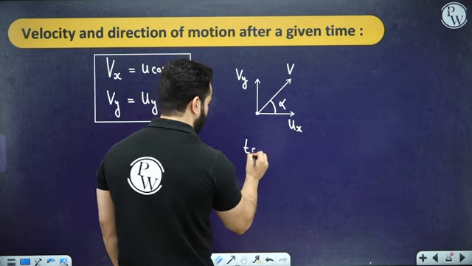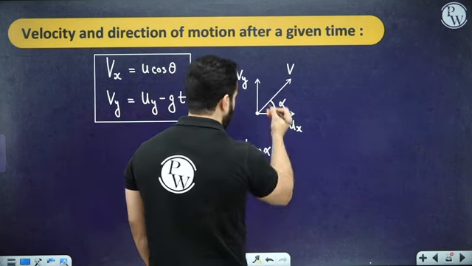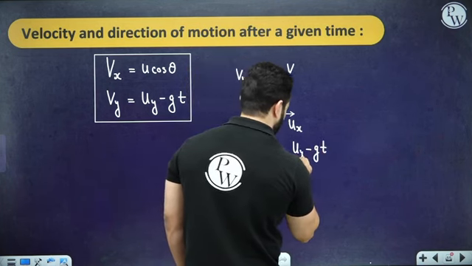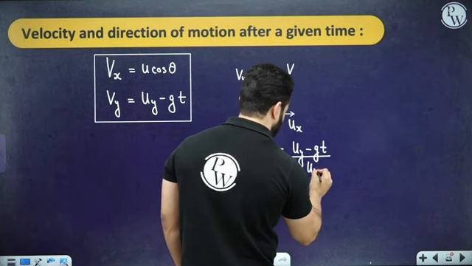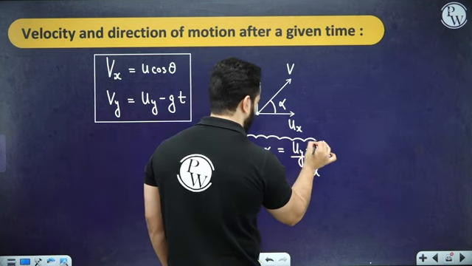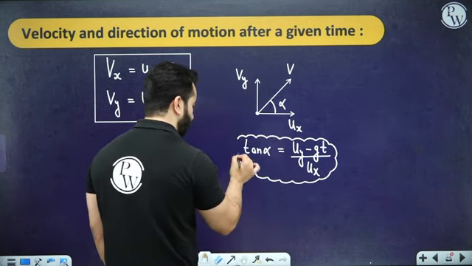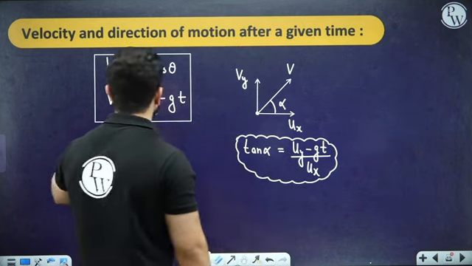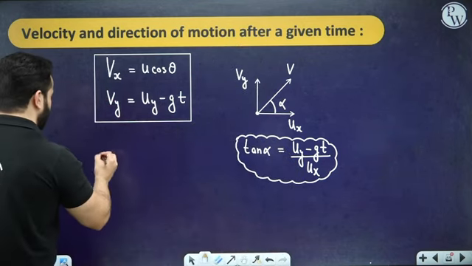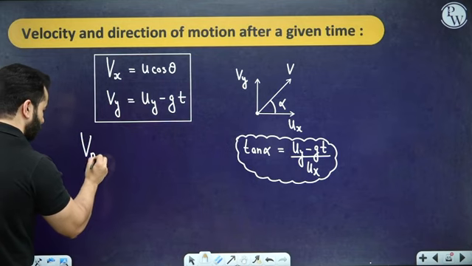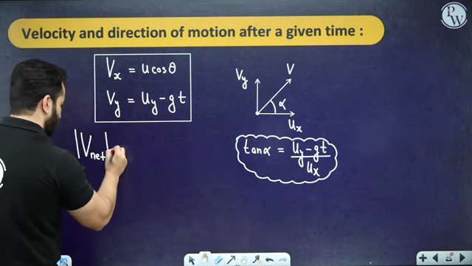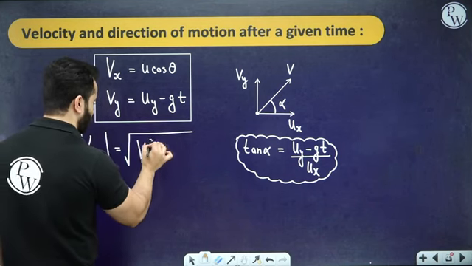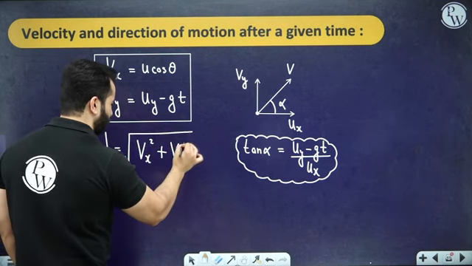So tan alpha will be Vy, which is uy minus gt, whole divided by ux. This is your tan alpha for finding the direction. Similarly, you can do it if the Vy is vertically downward. The same thing will happen over here as well. Obviously, for finding the net velocity, that is speed, all you need to do is write Vx square plus Vy square and put in the values.